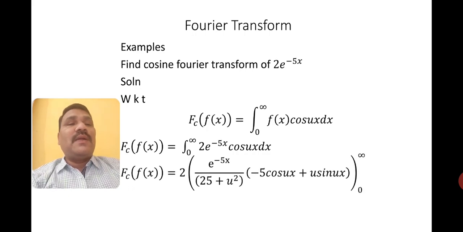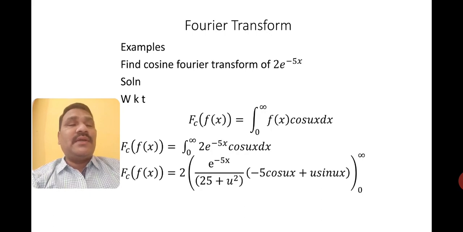Now when you apply the integration, you cannot go for integration by parts, you have to go for a known result. What is the known result? e to the power minus 5x divided by 5 square plus u square, that is 25 plus u square, into minus 5 cos u x plus u sin u x.